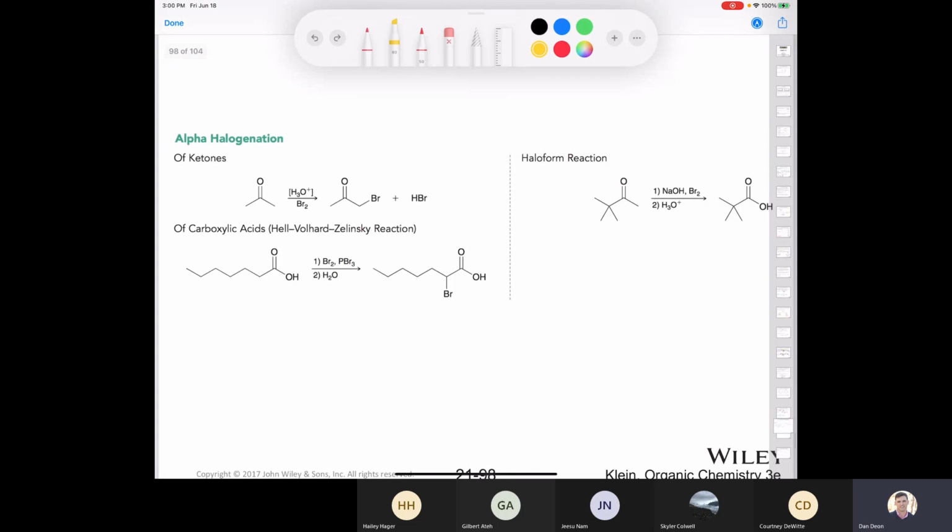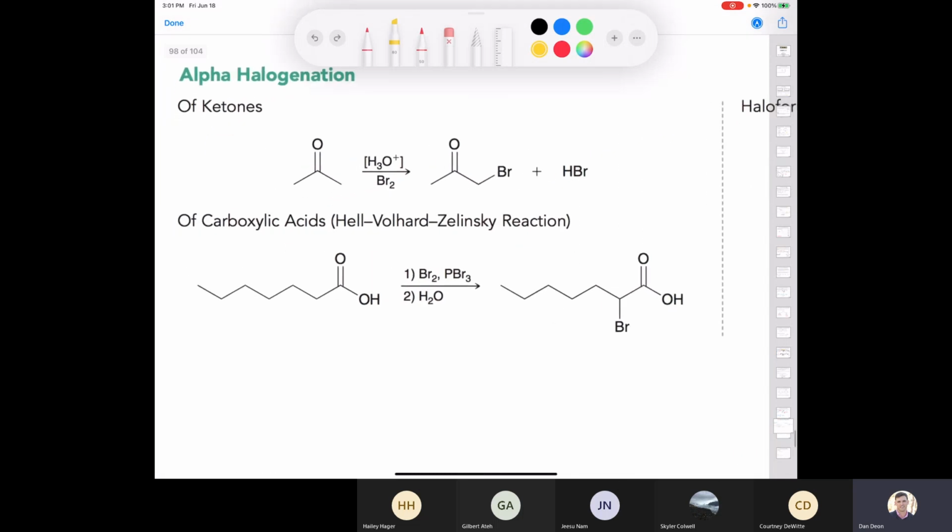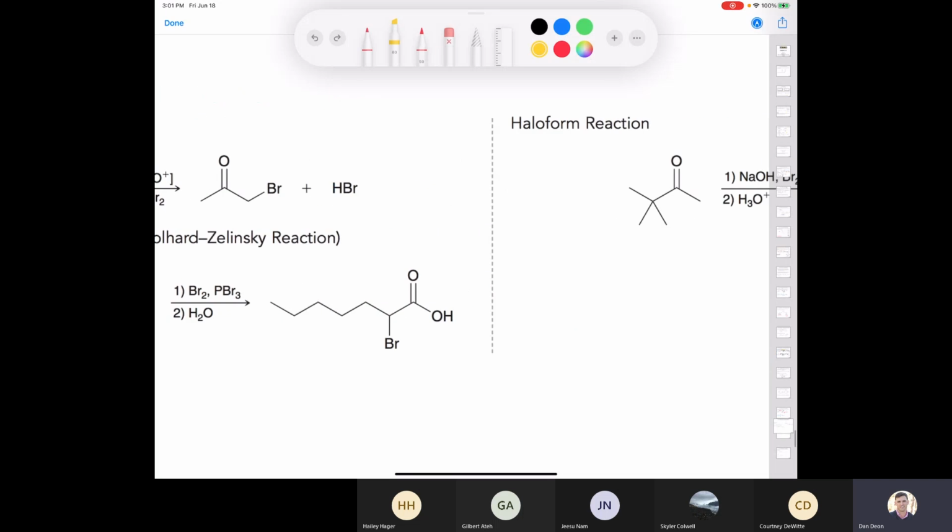All right, so the review of reactions I think is really helpful. In this one here, we talked about alpha halogenation of a ketone using aqueous acid, catalytic amount, and bromine, and we saw that you could take that and treat it with pyridine to make an alpha beta unsaturated carbonyl. We talked about the HVZ reaction, the Hell-Volhard-Zelinsky reaction. You take a carboxylic acid, treat it with bromine and phosphorus tribromide, followed by water, and you end up with an alpha bromocarboxylic acid, just like you did in the first one.